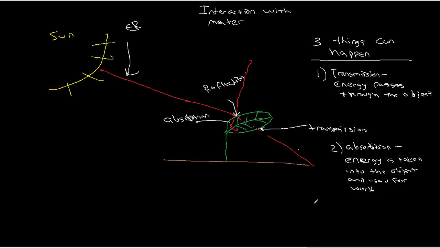Reflection. So the third thing that can happen is reflection. Reflection is when the energy is bounced off the object.